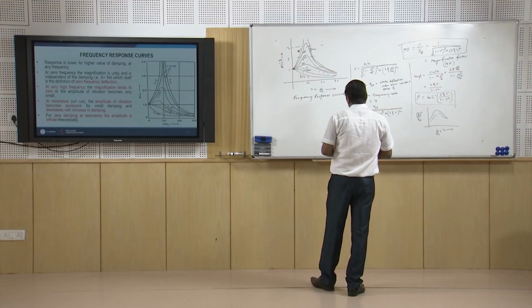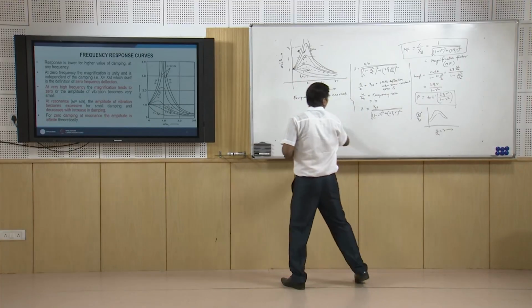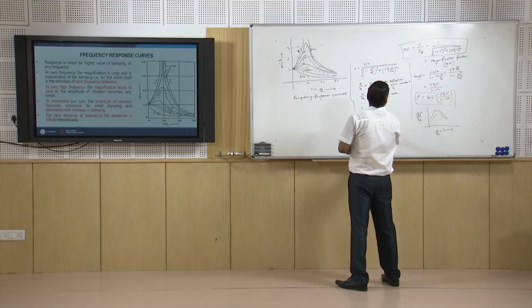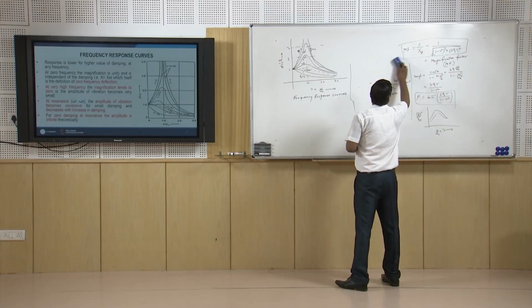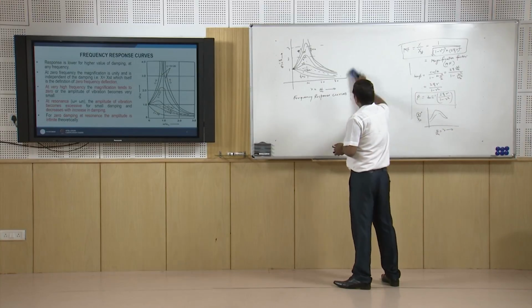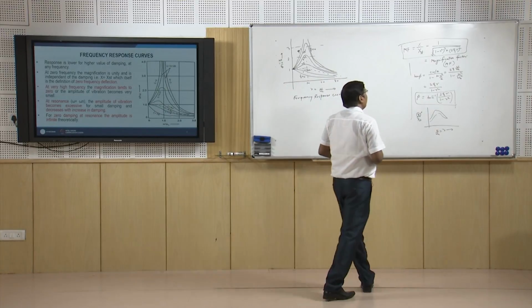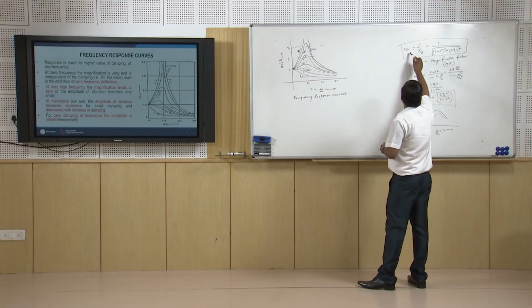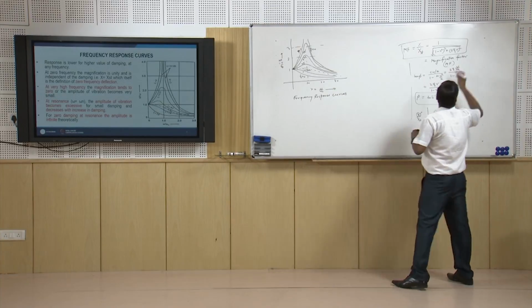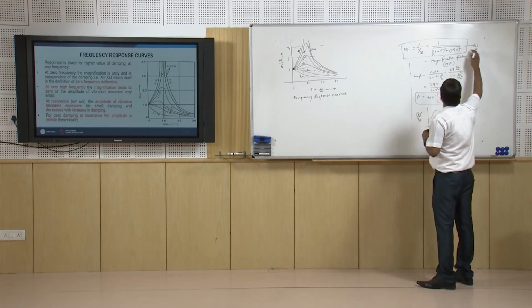If we want to get the peak, we can get it by differentiating this equation with respect to r and equating to 0.